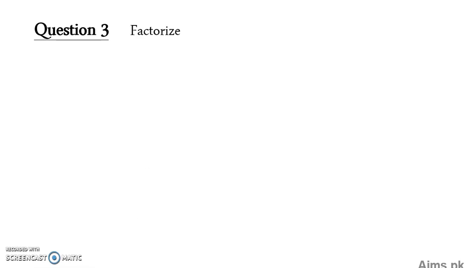Let's apply the formulas. I have taken question number 3 of your exercise. The question given is 24x cube plus 3. Now your first step will be to look for the common factor. See what is common in these two terms.